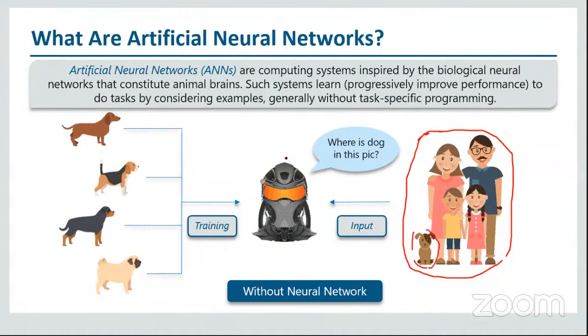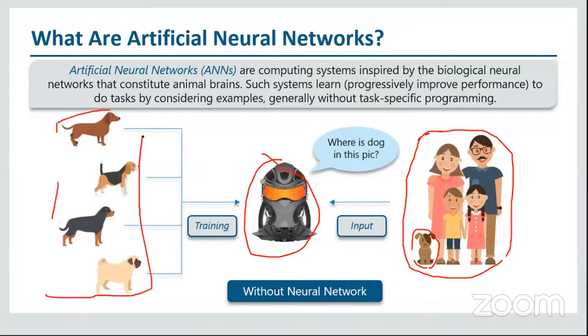Now if you have a machine learning algorithm where you have trained this machine with various kinds of dogs, and fortunately or unfortunately, in your training, this kind of dog was not at all part of your training.